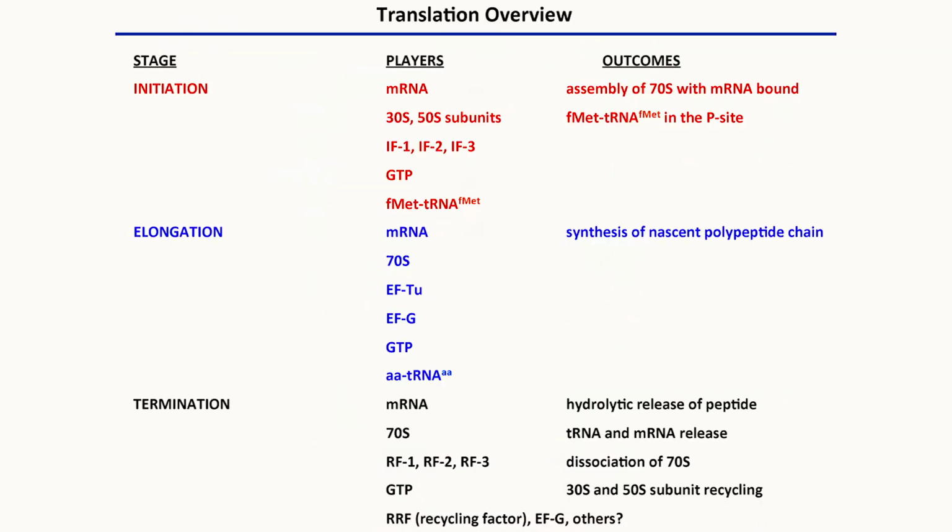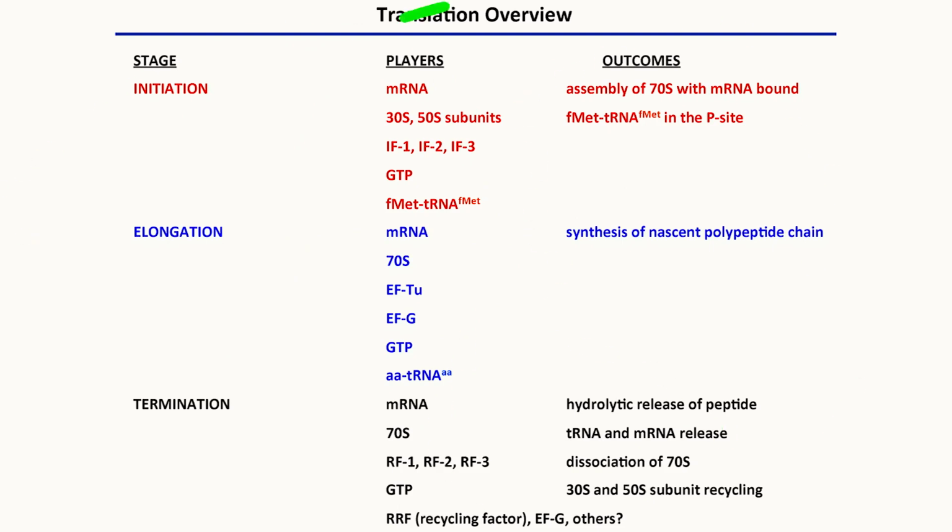In terms of the players and the outcomes, this is a reference slide for all of you where the stages are listed, all of the players are listed, so some more detail than what's up here, and then the outcome. Okay?